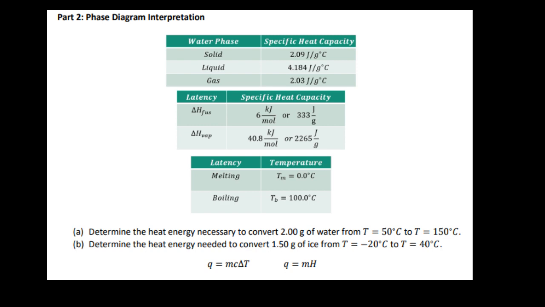And if we have a situation where we need to cross a boundary, either into the solid then liquid phase, or into the liquid then gas phase, or backwards, we'll need to use the appropriate specific heat capacity for our latency. Latency just means we are adding heat energy or taking away heat energy from our system without changing the temperature of our system.